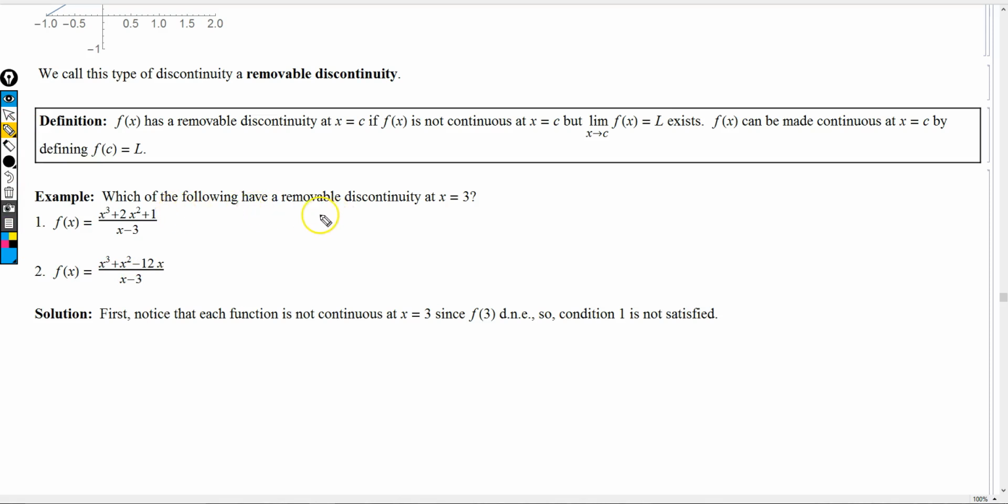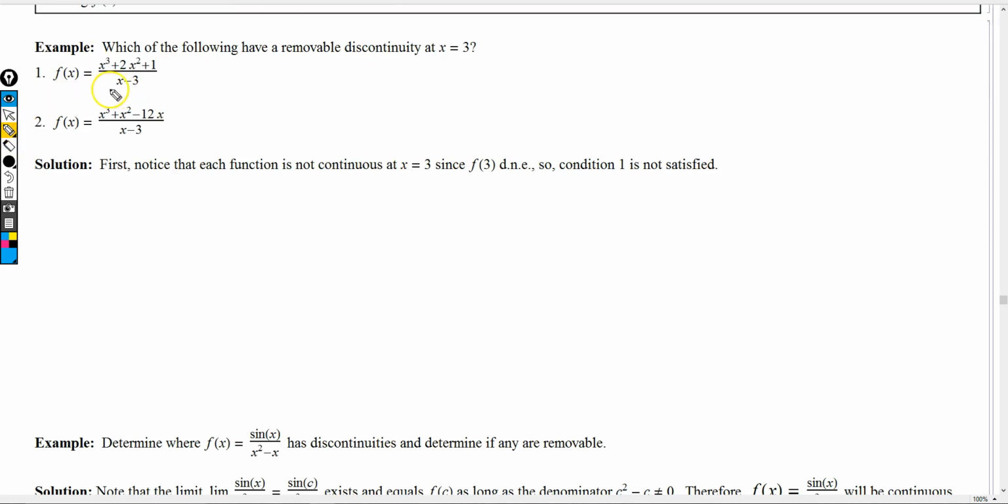For the following functions, both of these functions are not continuous at 3, because you see if I put 3 in for x, I get 0 in the denominator, so f of 3 is undefined. But let's see which ones have removable discontinuities. So let's take a look at the first one.